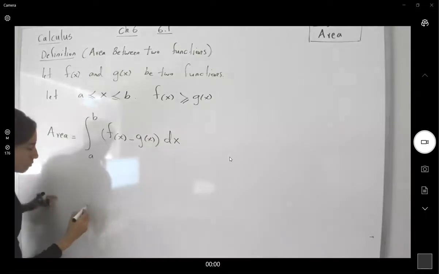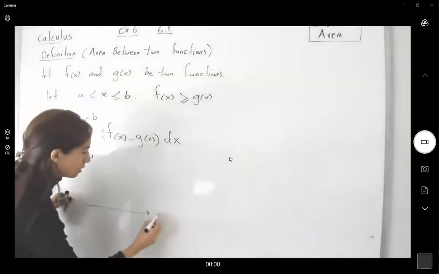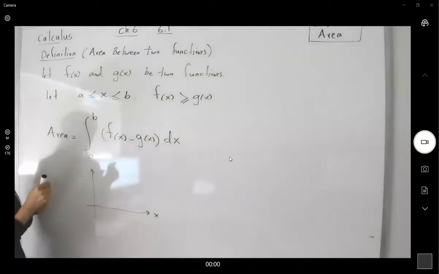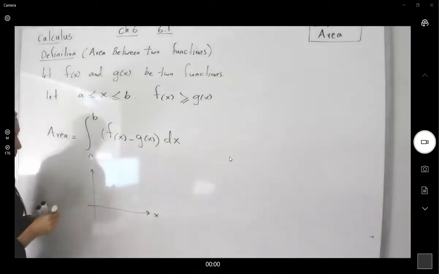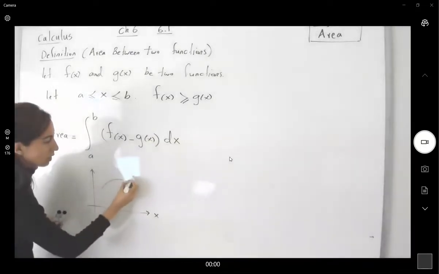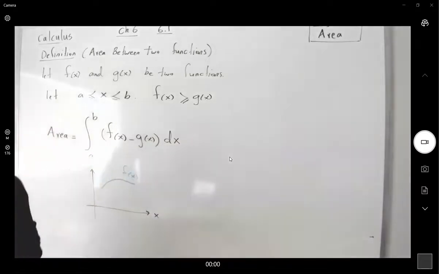Well, okay, how do we visualize that? This is my x-axis, this is my y-axis, and suppose this is my function f. And down here, I have my function g.